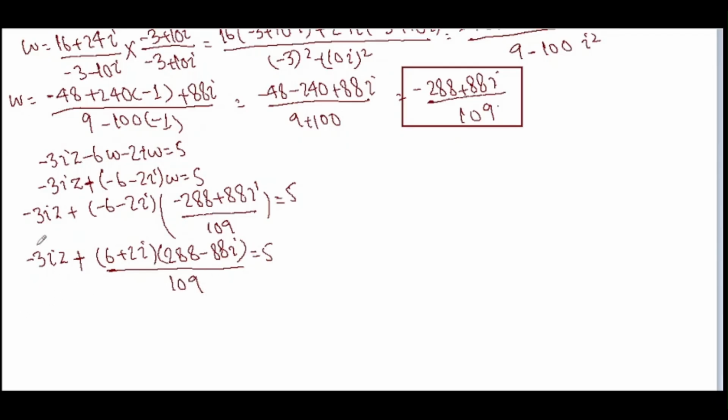Now we are going to multiply this term with 109, so we get 3 into 109, which is 327, minus 327 iota z plus 6 into 288 minus 88 iota plus 2 iota into 288 minus 88 iota equals to 5 into 109, which is equal to 545.